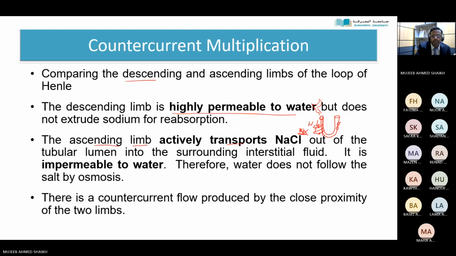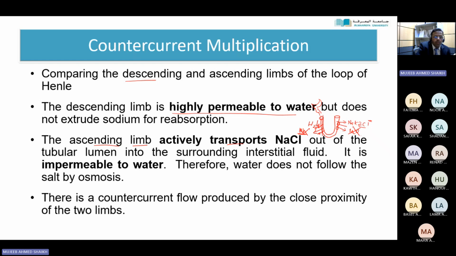If you remember, for absorption of sodium chloride and potassium, it is the sodium potassium 2 chloride channel. It is reabsorbing sodium ion, it is reabsorbing potassium ion, and to neutralize the 2 positive ions, there is absorption of 2 chloride ions. So it is the sodium, potassium, and 2 chloride channel in the thick ascending limb of the loop of Henle. But it is not absorbing water. Here, water is not reabsorbed. Here, sodium is not reabsorbed in the descending limb. So you must remember these things first.